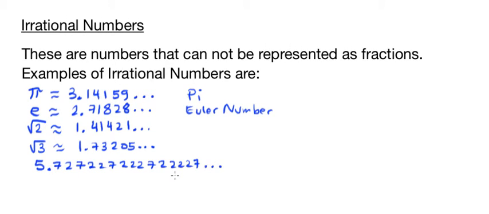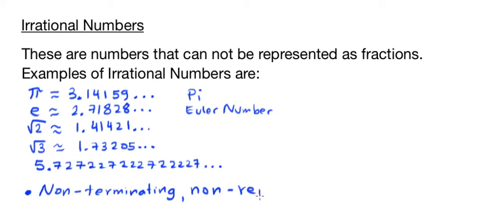So this should be considered also to be an irrational number. So an irrational number can be easily identified by looking at the following form: non-terminating, non-repeating decimals.